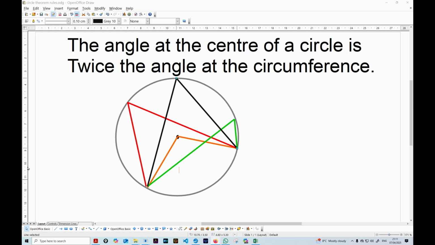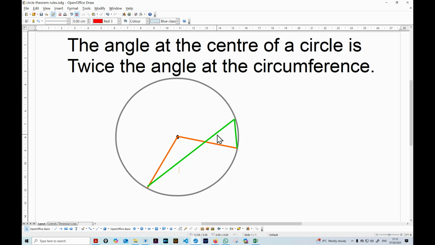Rule number 5 is almost the same as rule number 4, but it's a special rule, though it's the same rule. Rule number 4 says the center angle is twice the circumference angle.